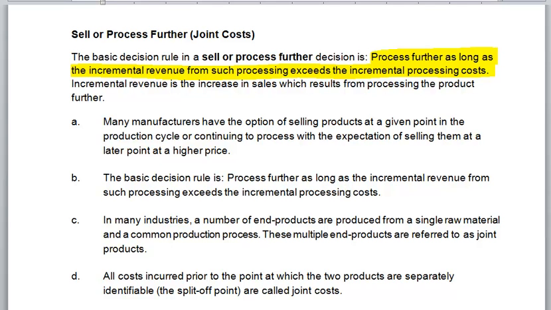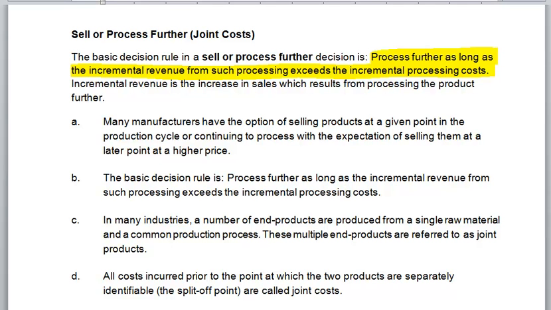C, in many industries, a number of end products are produced from a single raw material and a common production process. These multiple end products are referred to as joint products because at a certain point in time from the common product we can then do some additional processing to make additional products.